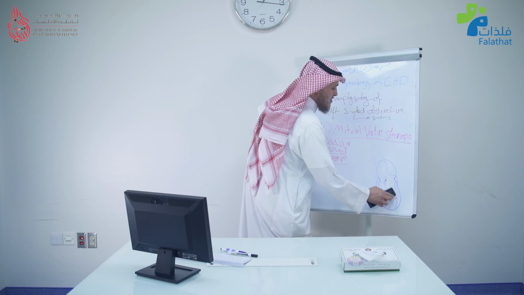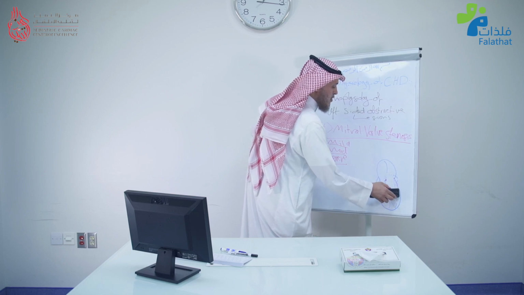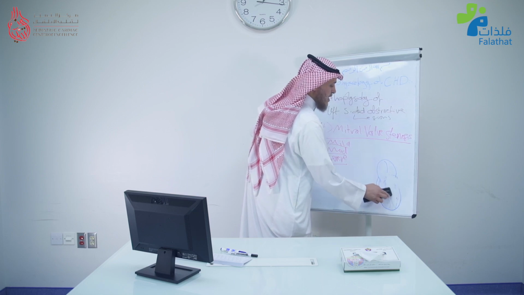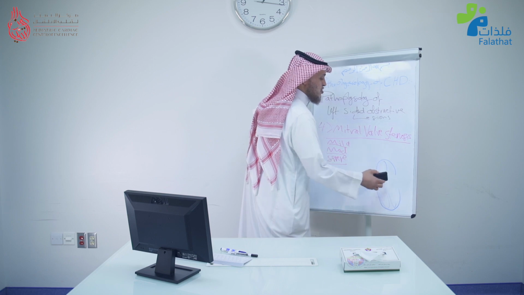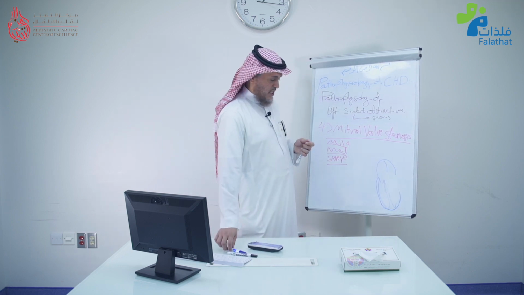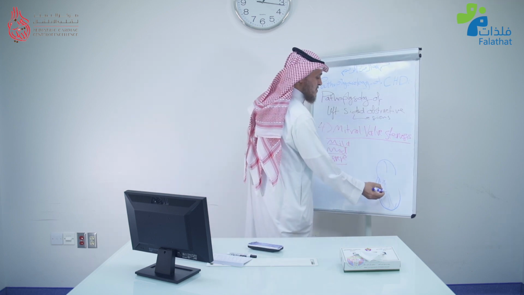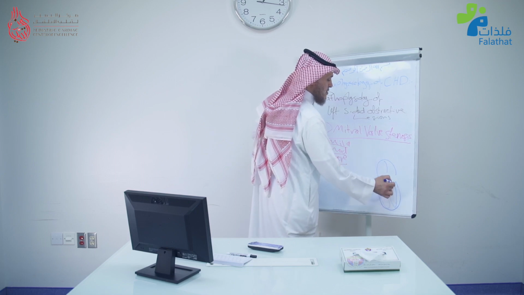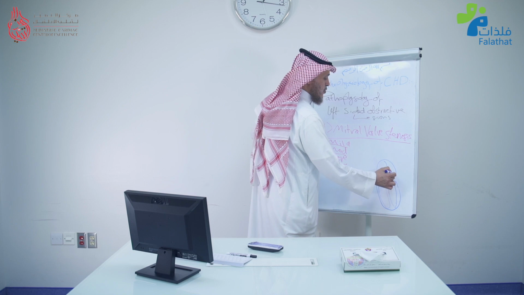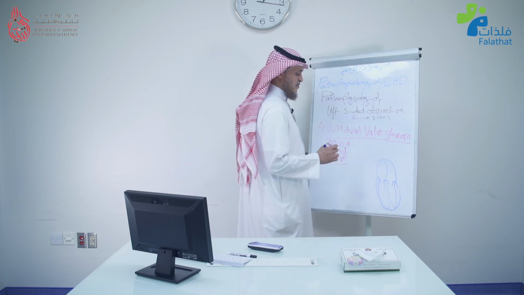So regardless of where it is, and regardless of the cause, the congenital cause, or congenital association in such mitral stenosis, we are going to talk about the pathophysiological effect.